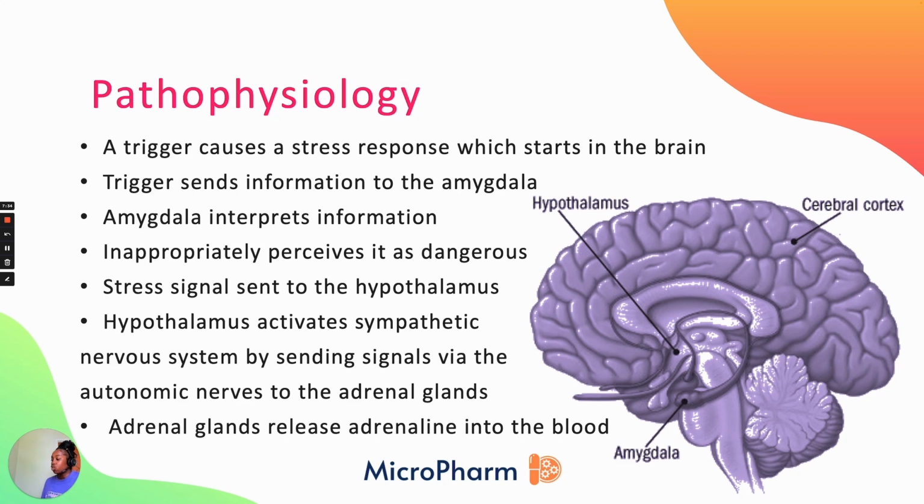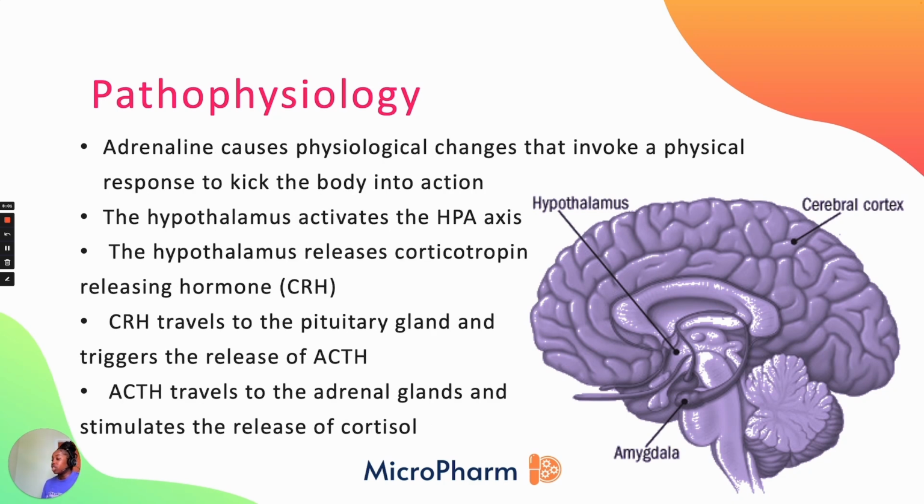So this causes a stress signal to be sent to the hypothalamus, which is important for homeostasis and controls many of the important body processes such as temperature and hunger. The stress signal causes the hypothalamus to activate the sympathetic nervous system via the adrenal glands, and that releases adrenaline into the bloodstream. Adrenaline causes many physiological changes that invoke a physical response to kick the body into action, like I mentioned before.